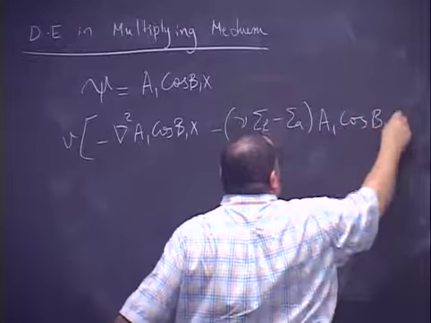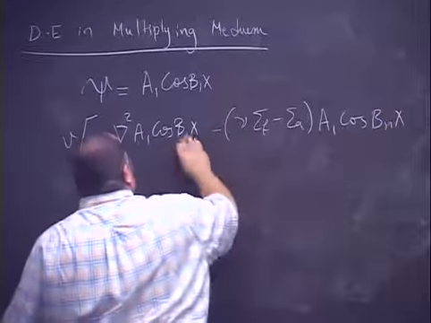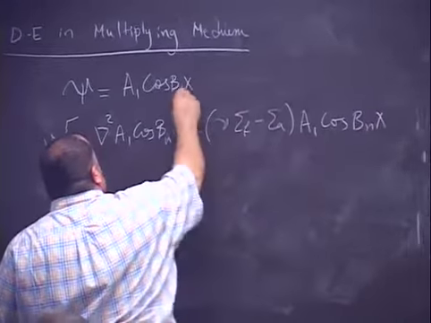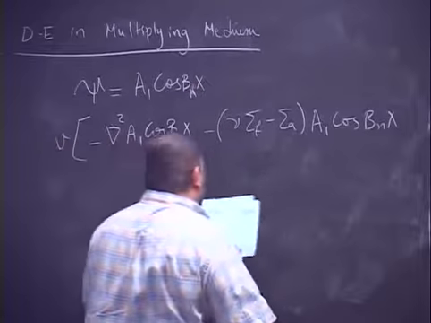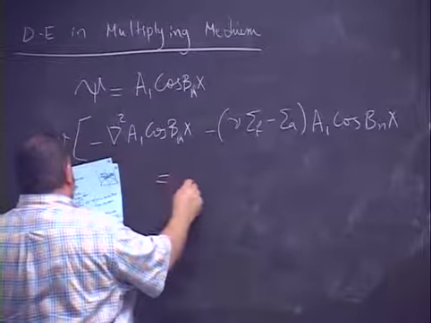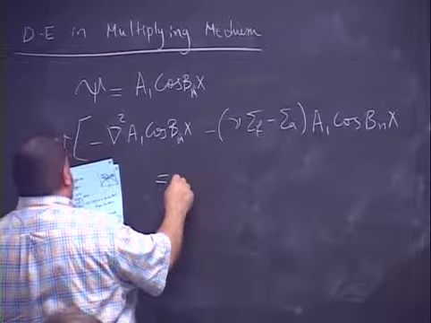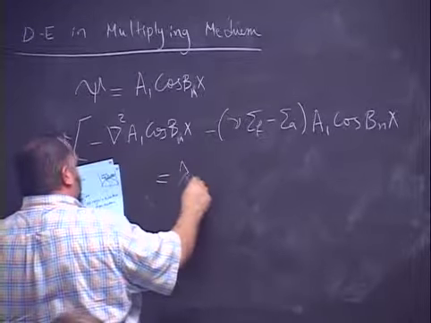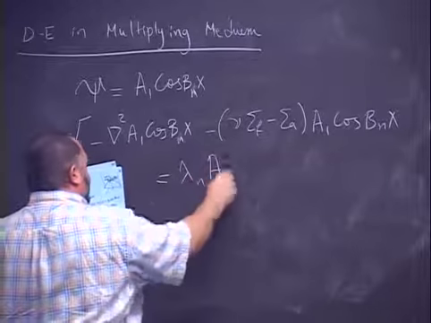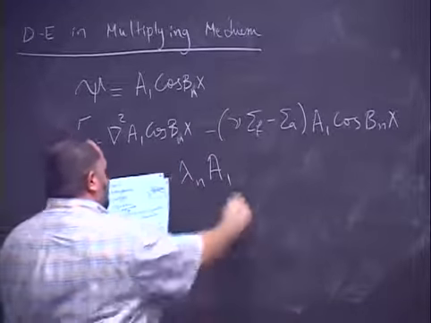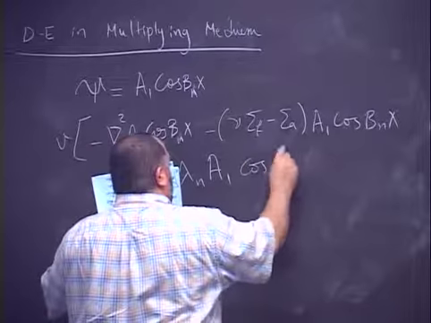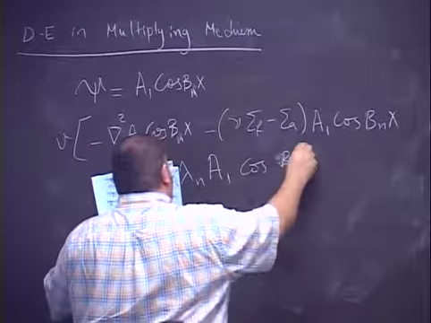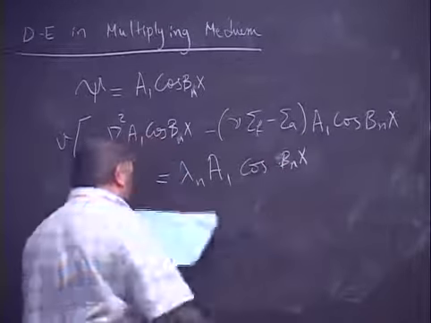Let's say that I will keep the bn's. Okay, and this will equal to, I multiply also by minus sign, so this is equal to lambda n a1 cosine bn multiplied by x.